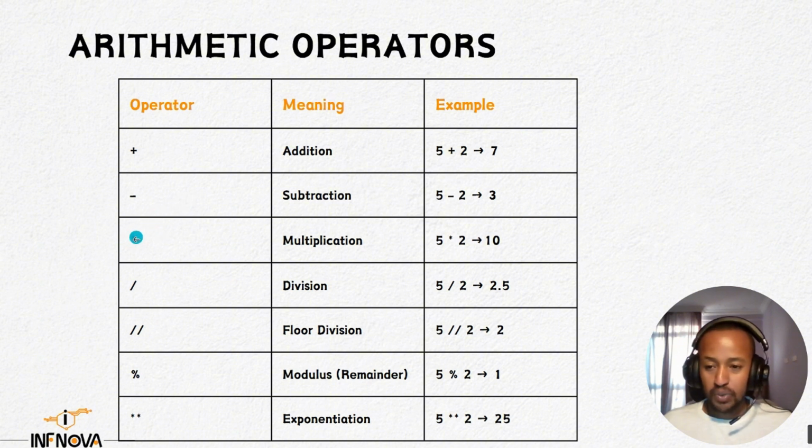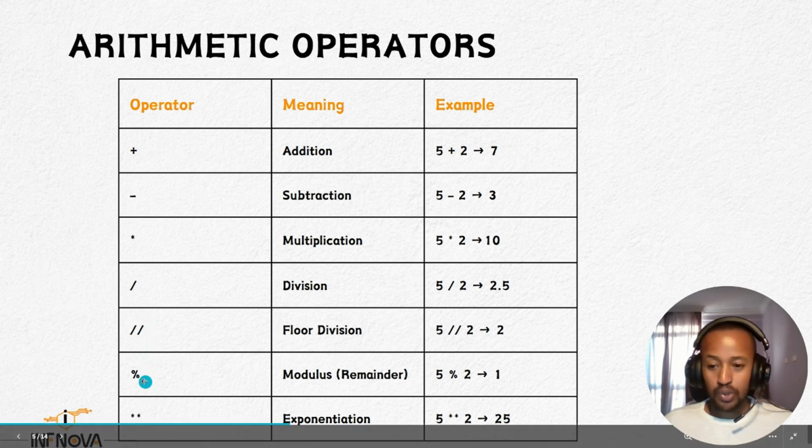For multiplication, we use the asterisk sign, and for division, we use the forward slash. The different ones are floor division, which is a double slash, the modulus operator, which is the percentage sign, and also the exponent.